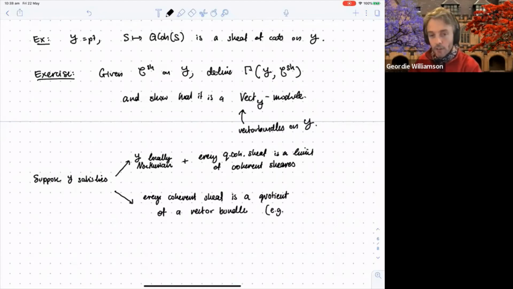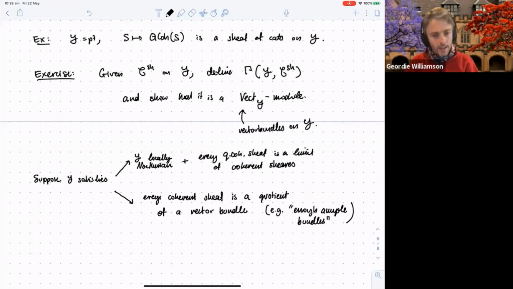So this is satisfied if there's enough ample bundles. And I think it's basically saying, what is a coherent sheaf here?